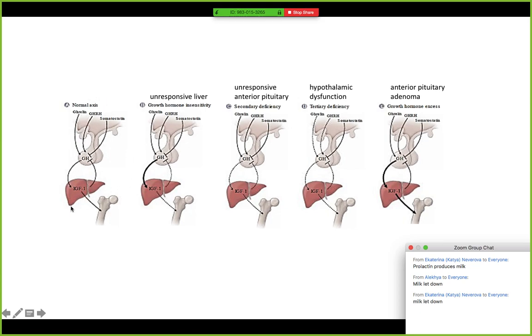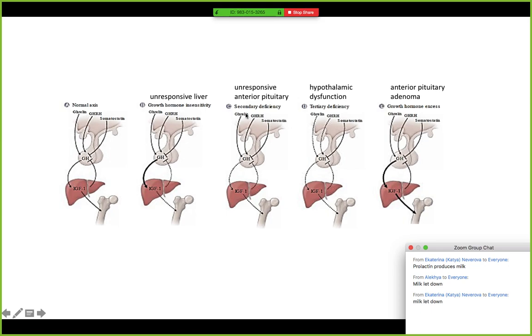So, this is under normal circumstances. And then, if you have what's known as growth hormone insensitivity, your liver is unresponsive. So, you'll have growth hormone released from the anterior pituitary and it's reaching the liver, but the liver is not responding. So, you'll see a decrease in IGF 1 secretion.